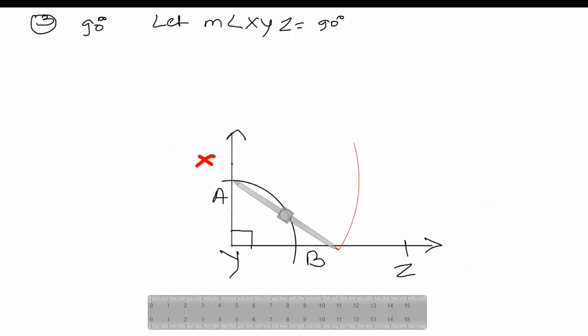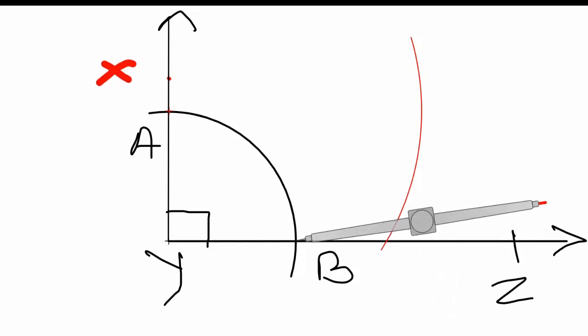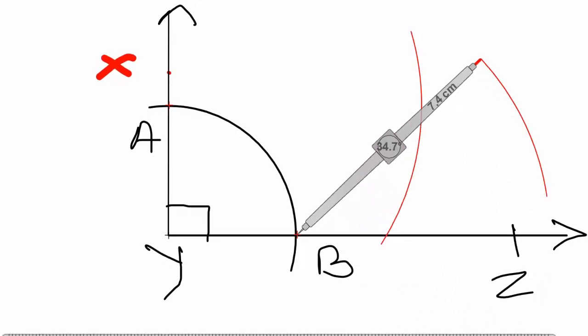Then again put the compass on point B as shown in the figure. Draw the arc intersecting the first arc.